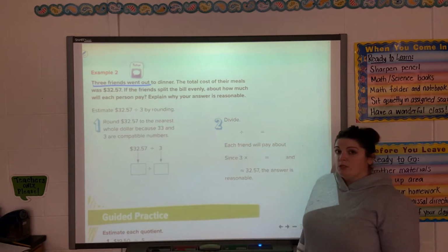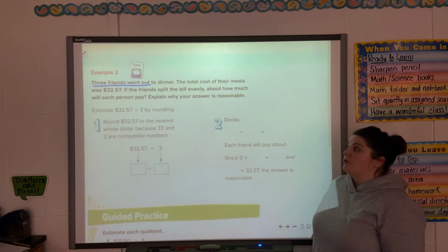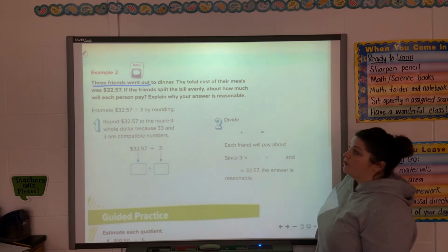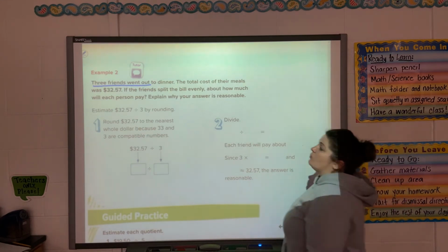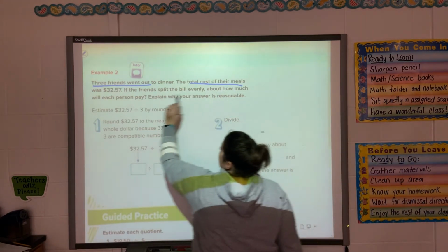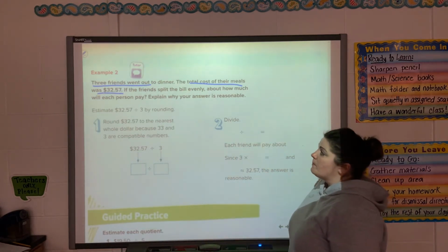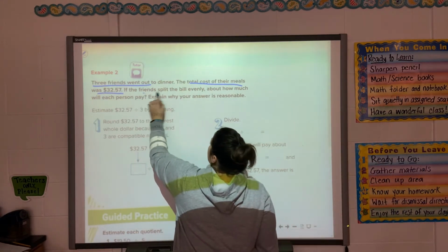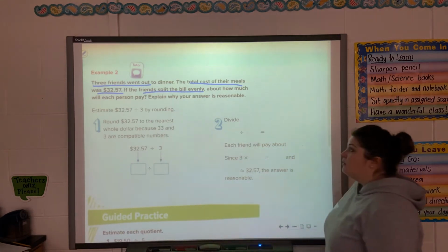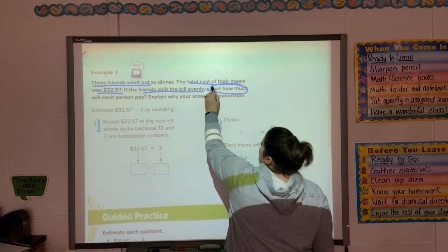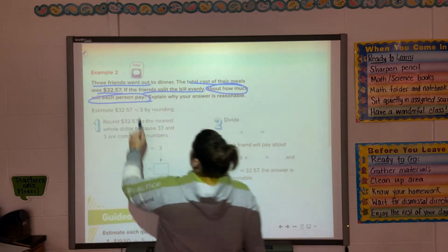Make sure that you're always careful to read your problem slowly because there might be words or numbers that are in word form, like 3. I know the total cost of their meal was $32.57. And I know they are splitting the bill evenly. What am I asked to find? About how much each person will pay.